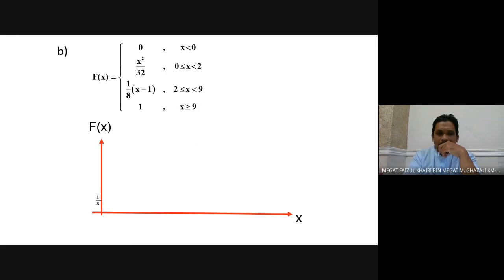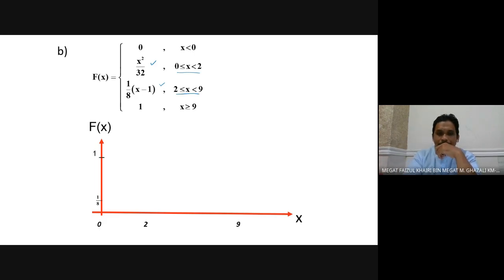So now, we are going to sketch this function and this function one by one according to the domain that we stated here, from 0 until 2 and 2 until 9.